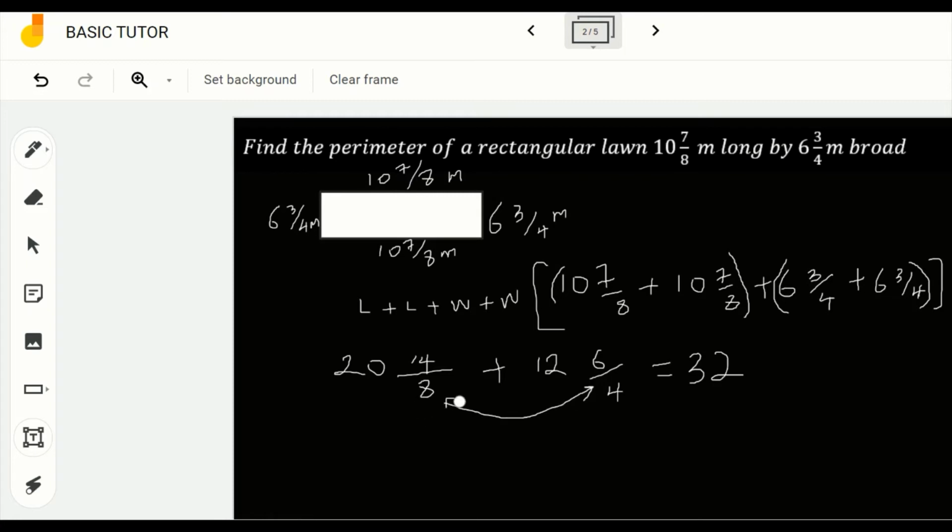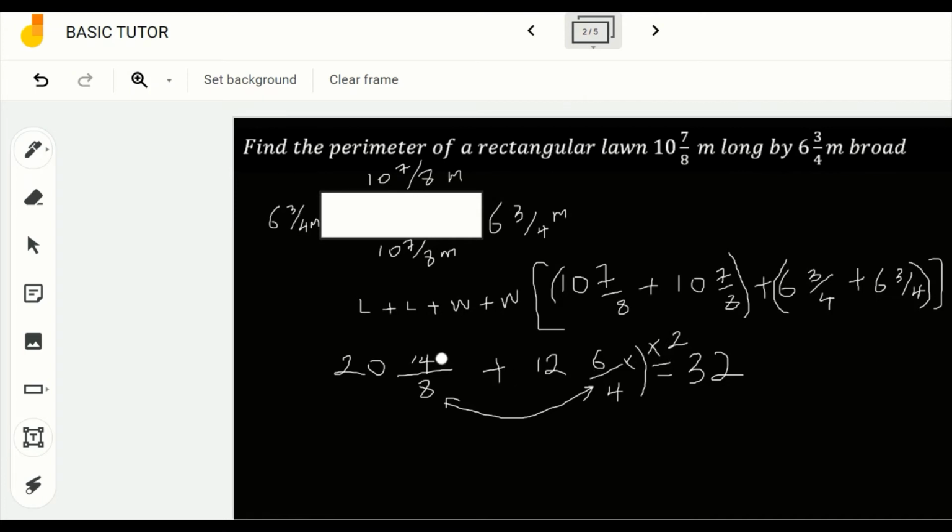As you can see, the fractions have different denominators. So I want to make sure that I have the same denominator. What do I do? I will multiply this by 2.